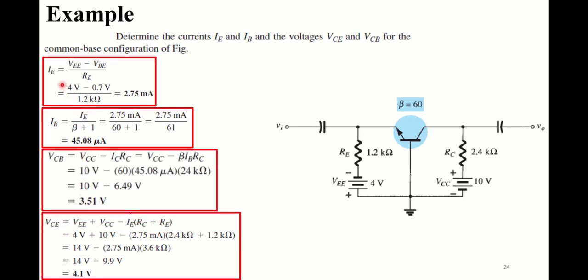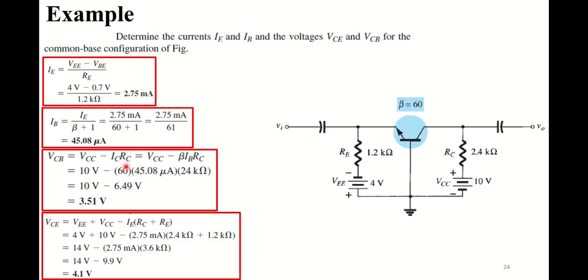As you can see, by calculating one parameter, the other parameters can also be calculated. In this chapter, you must have observed that by calculating one parameter, we can find other parameters related to it. As discussed earlier, the equation for calculating VCB can be obtained by applying KVL on the output loop of the common base configuration.